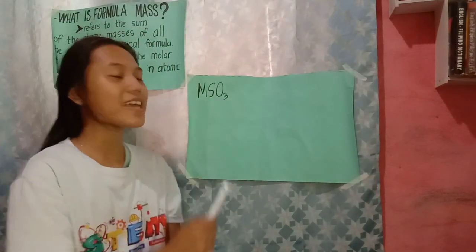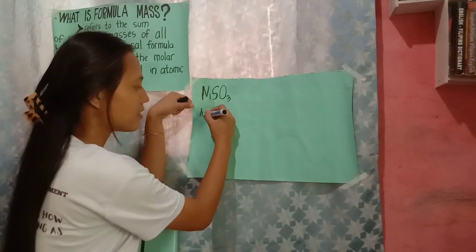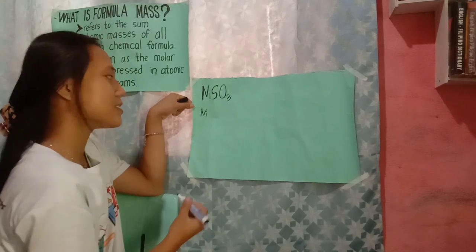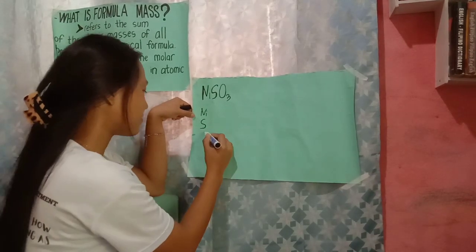So let's try to solve NiSO3, also known as nickel sulfite. The first step is to identify the elements involved. These are nickel, sulfur, and oxygen.